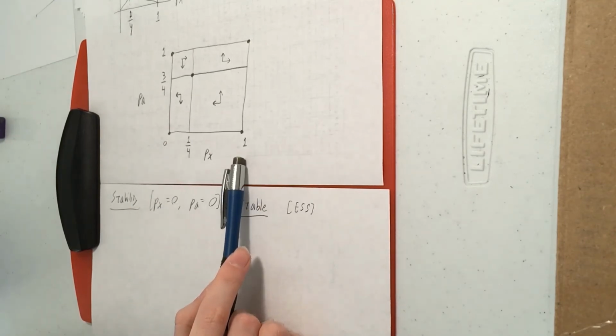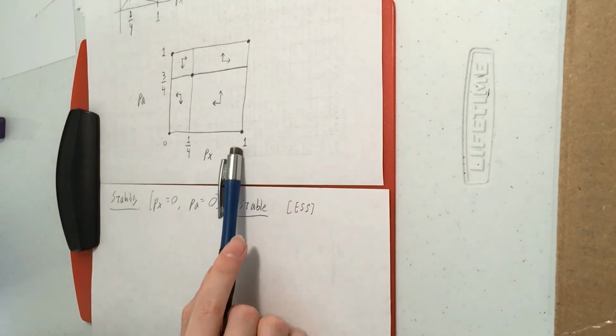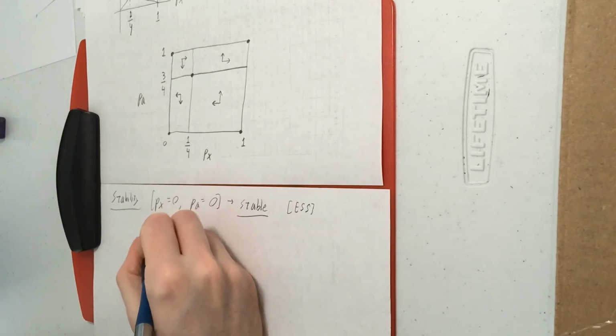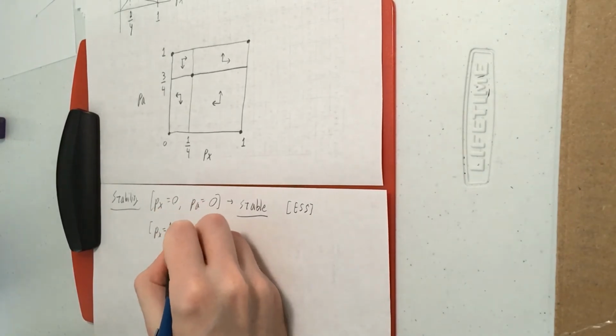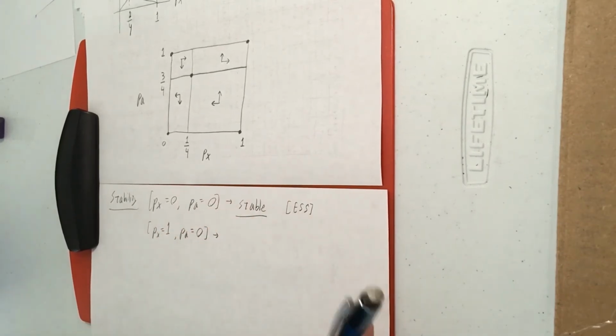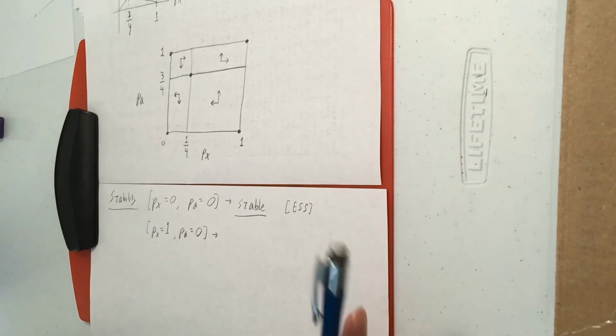There's also this one over here where PA is 0 and PX is 1. So the same kind of thought experiment.